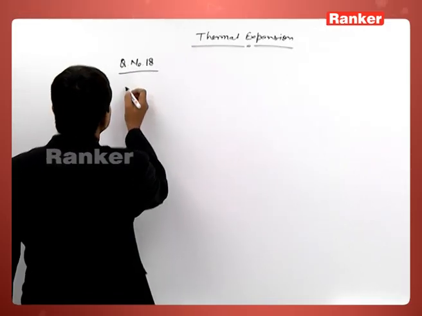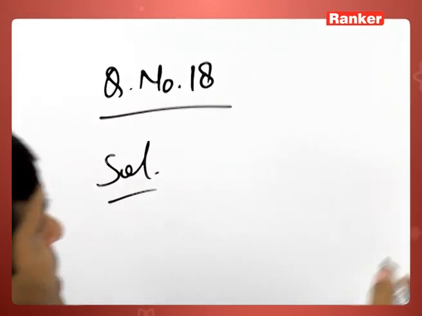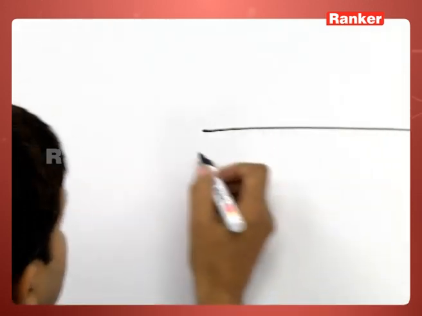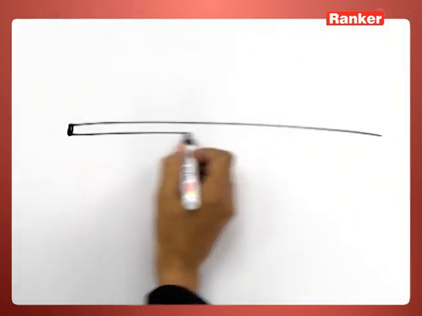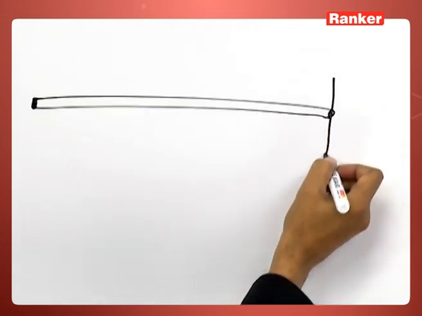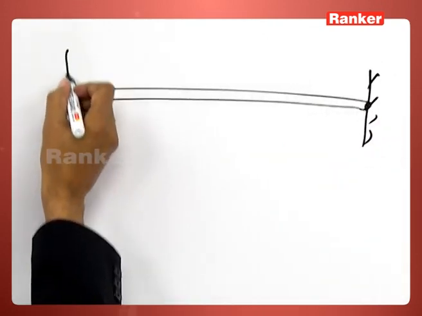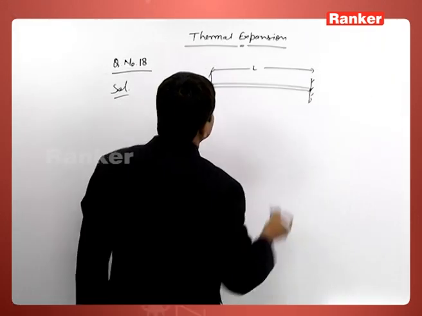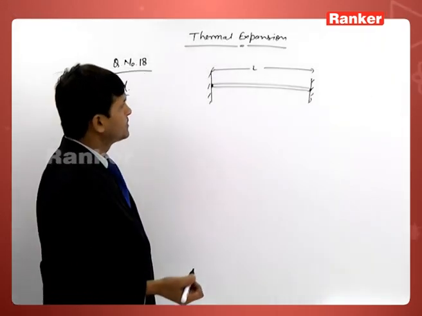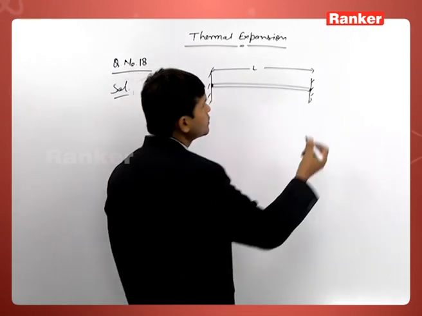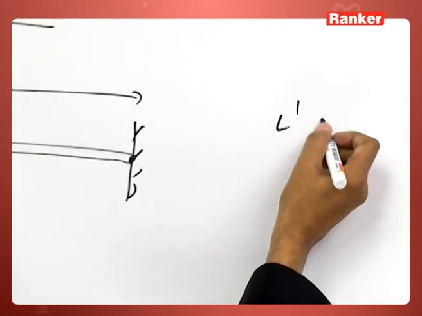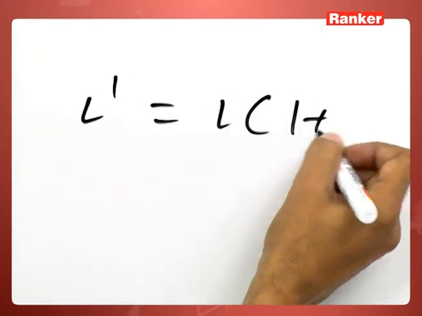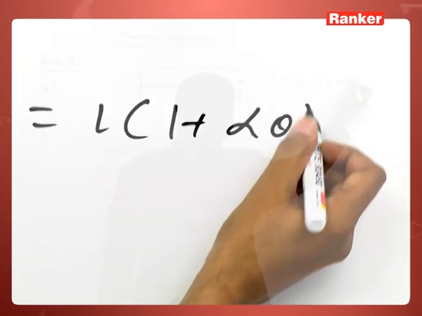So the question is this. This is the rod, and this rod is fixed with the two supports. The length here is L. Now when it is heated, due to heat the length will become L into 1 plus alpha theta.